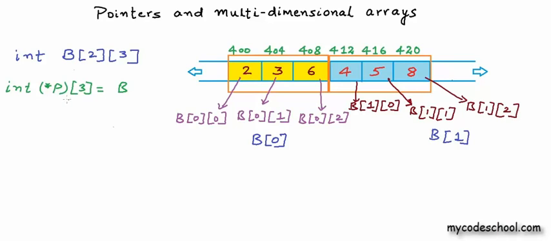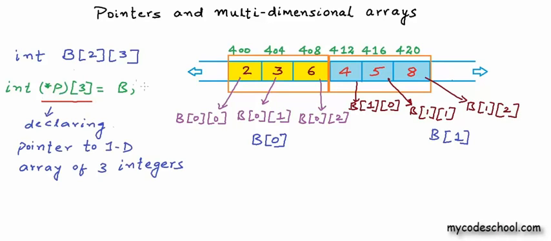In this statement I have declared a variable which is a pointer to a one-dimensional array of 3 integers, and the name of the variable is P. A statement like this is alright. A statement like this will not be alright, because B will not return a pointer to integer. B will return a pointer to a one-dimensional array of 3 integers.